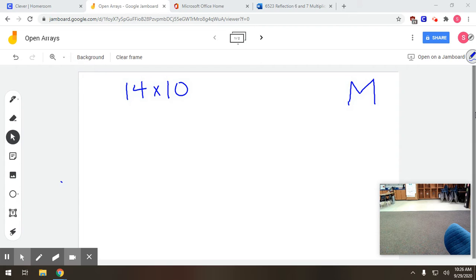So I'm just going to decompose our number 14 because that's kind of an unfriendly number. So I know that 7 and 7 make the number 14. With that being said, I'm going to draw my open array now.